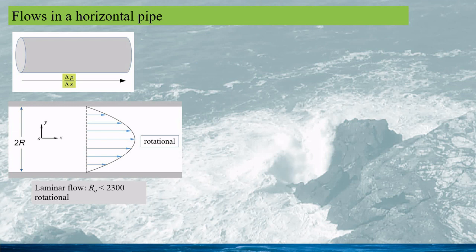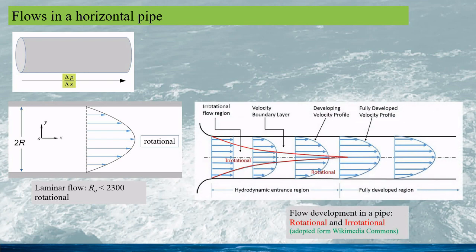So this is the case where we can take the boundary layer as extended from the wall to the center line of the pipe. If we look at the development of the flow in the pipe, we can see that at the inlet of the pipe, a large portion of the flow is irrotational, as you can see here.